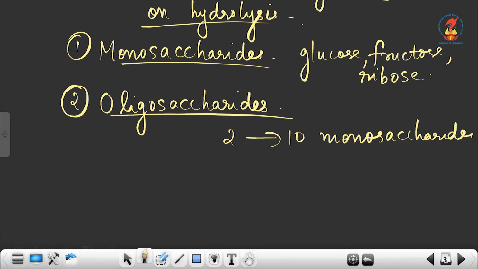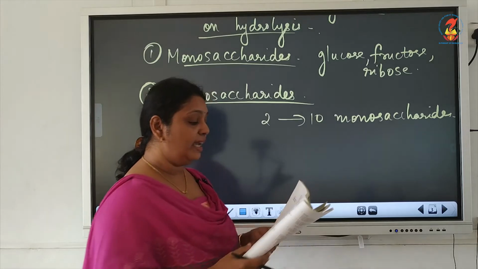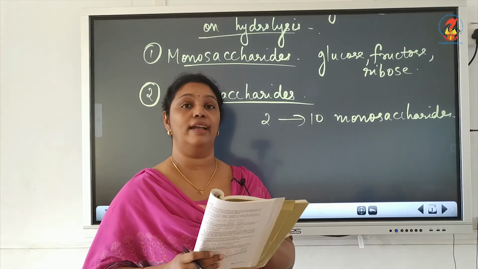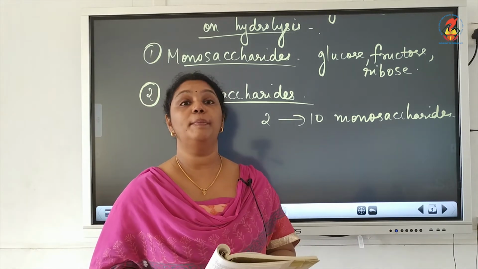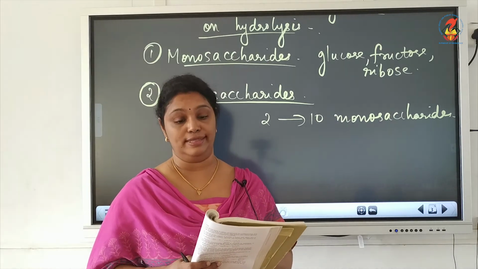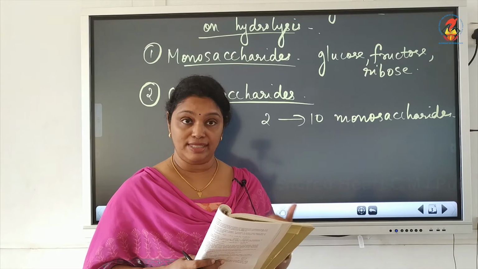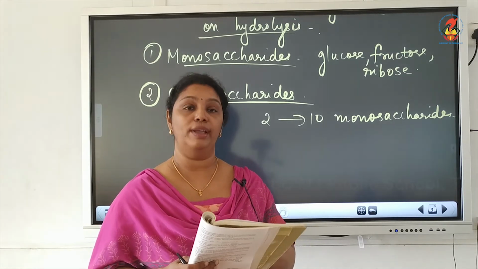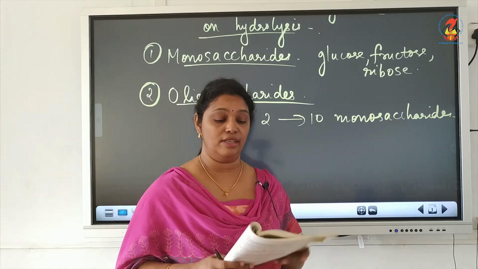Now, we can again classify these oligosaccharides as disaccharides, trisaccharides, tetrasaccharides, etc. depending upon the number of monosaccharides they provide on hydrolysis. So, amongst these we have the most common as disaccharides.